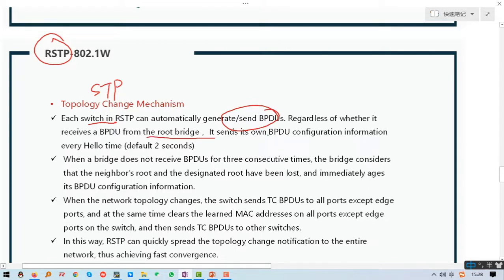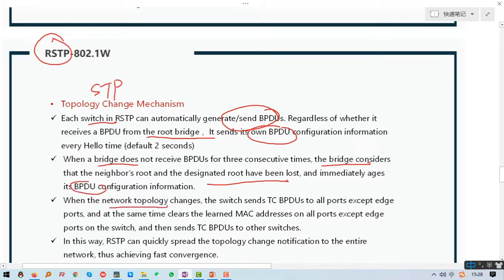It sends its own BPDU configuration information every hello time. The default time is 2 seconds. And when the bridge doesn't receive BPDUs for 3 consecutive times, the bridge considers that the neighbor root and the designated root have been lost and immediately ages its BPDU configuration information.